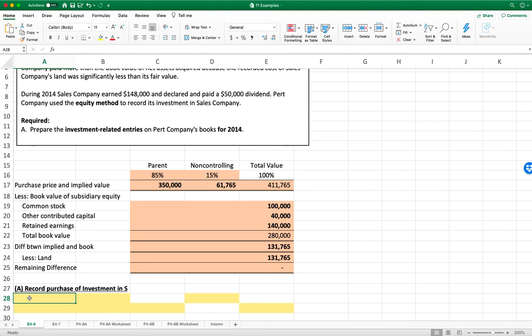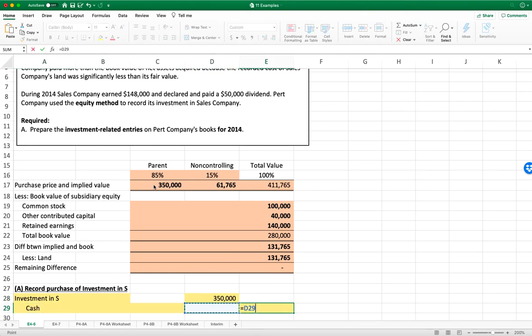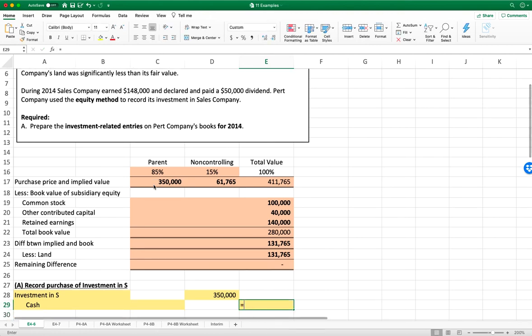First thing is record the purchase of our investment in S. Just like in our investments chapter, we're going to create our asset. We're calling it investment in S now. And we know from our computation and allocation of differences schedule that we paid $350,000 for this. And most likely we paid with cash, unless they tell us otherwise.